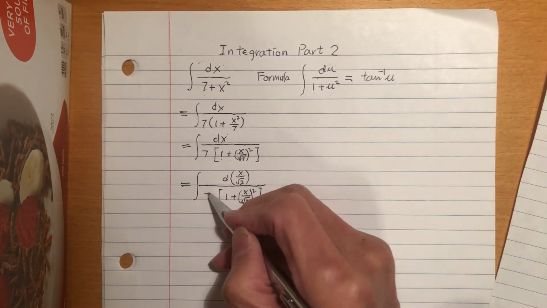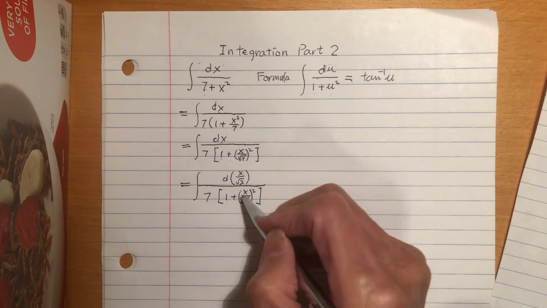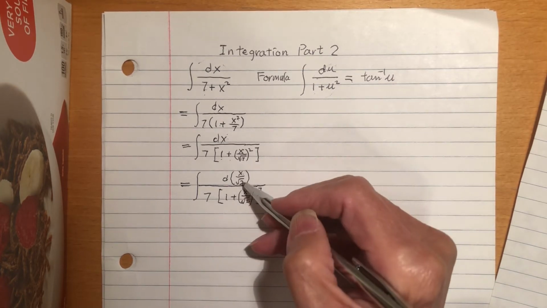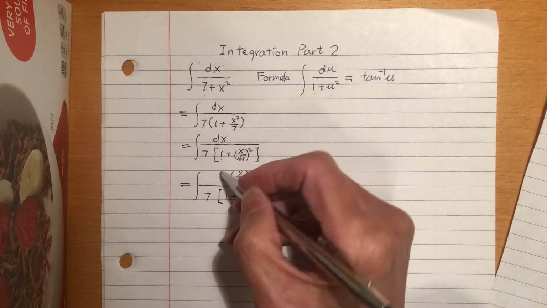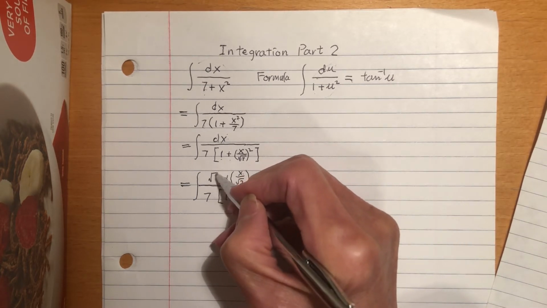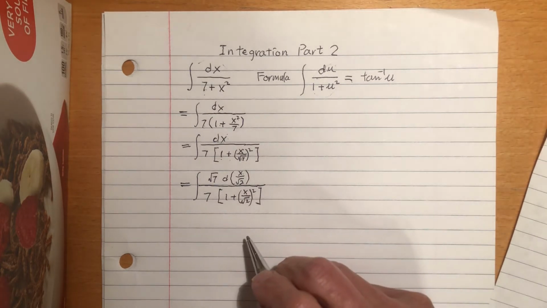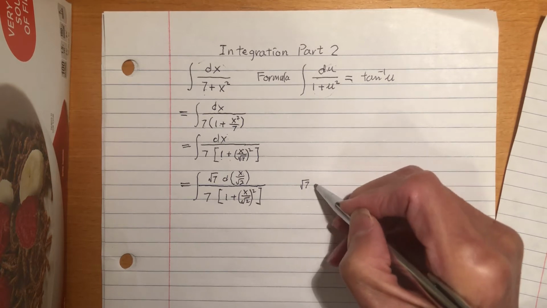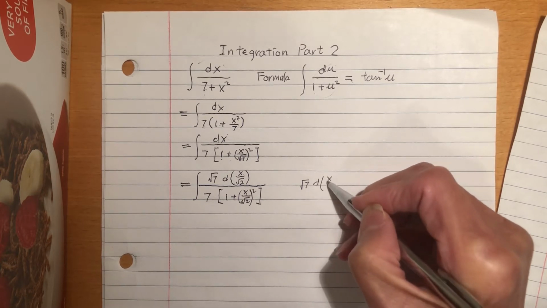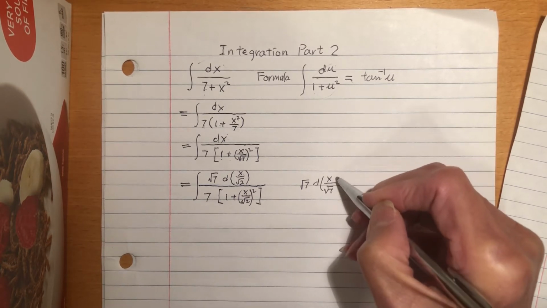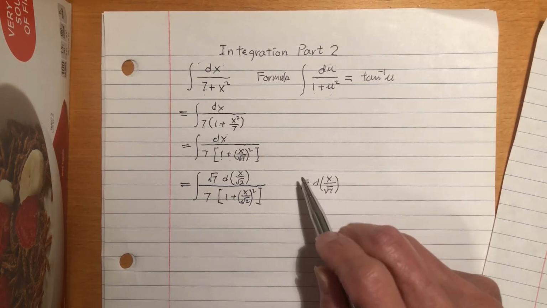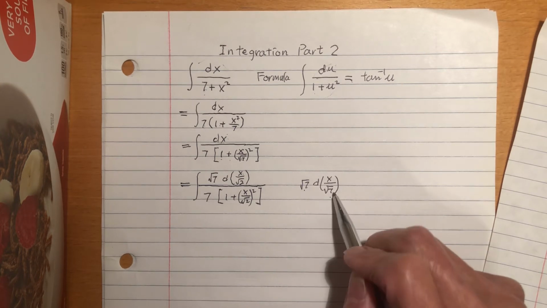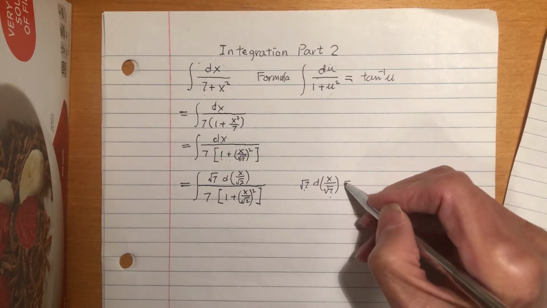I still have a 7 there in front of this bracket, but I cannot just rewrite this as x over root 7. I must multiply this thing by root 7. Because root 7 dx over root 7, you cancel root 7 and this root 7, cancel these, and I get dx.